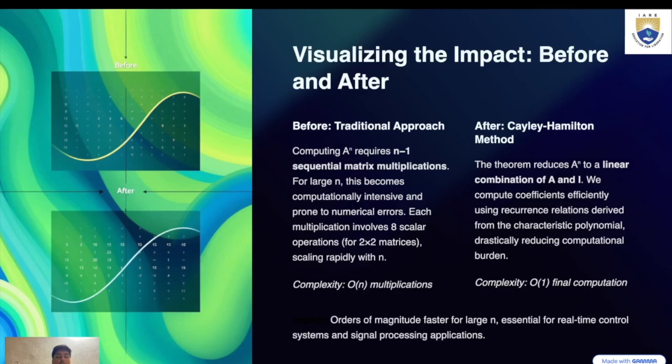Visualizing the impact, before and after. In the traditional approach, computing A to the n requires n minus 1 sequential matrix multiplications. But after the Cayley-Hamilton method, the theorem reduces A to the n to a linear combination of A and I, which are the simplest terms of matrices.